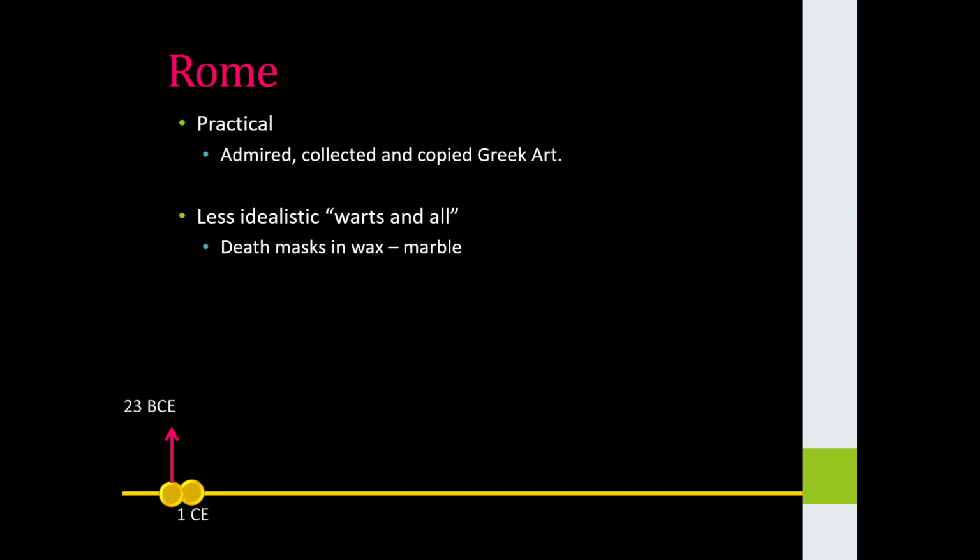So whether it was your lineage or whether it's your own battles and the things you won, all of that history was important to the Romans. The story was very, very important to the Romans. So instead of them being idealized, Roman art showed everything as it was, warts and all.